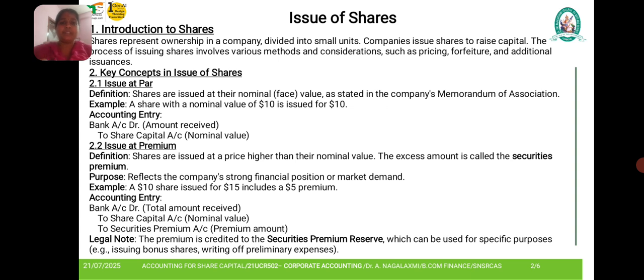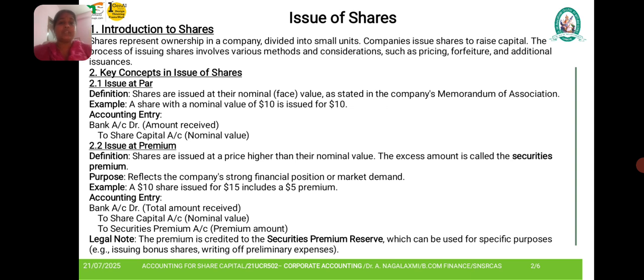If the public are interested and apply to the company, and the whole 1 lakh shares were applied by the public, then the company will get application money, allotment money, call money, and if everything is paid, the company will get a corpus of 10 lakhs. That is said to be a share.